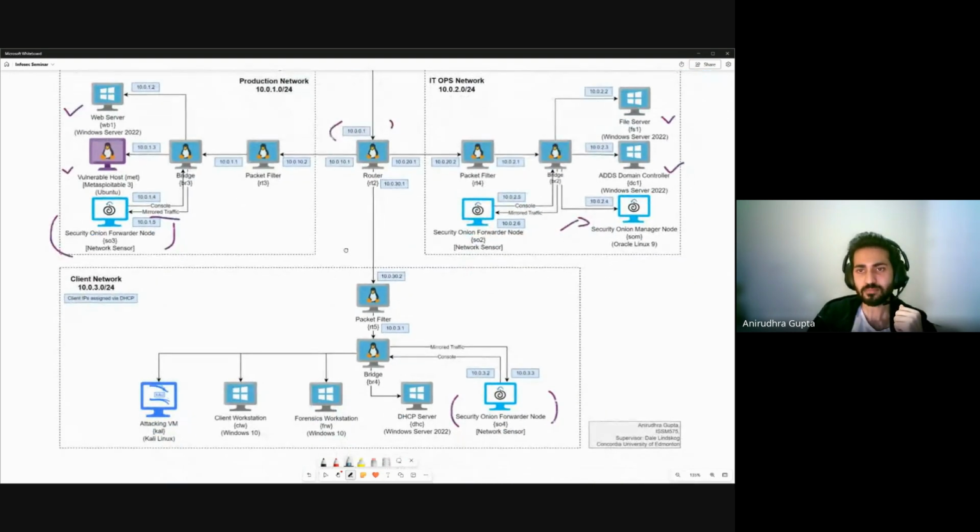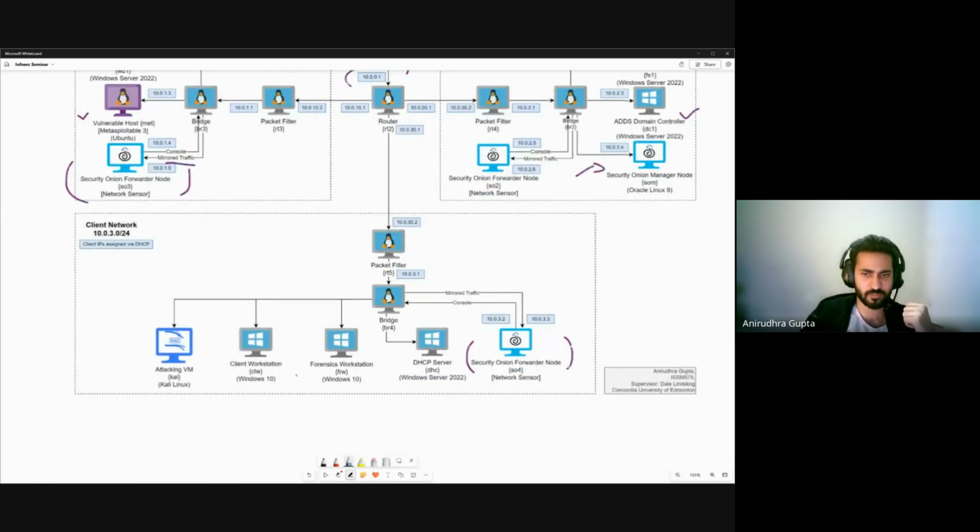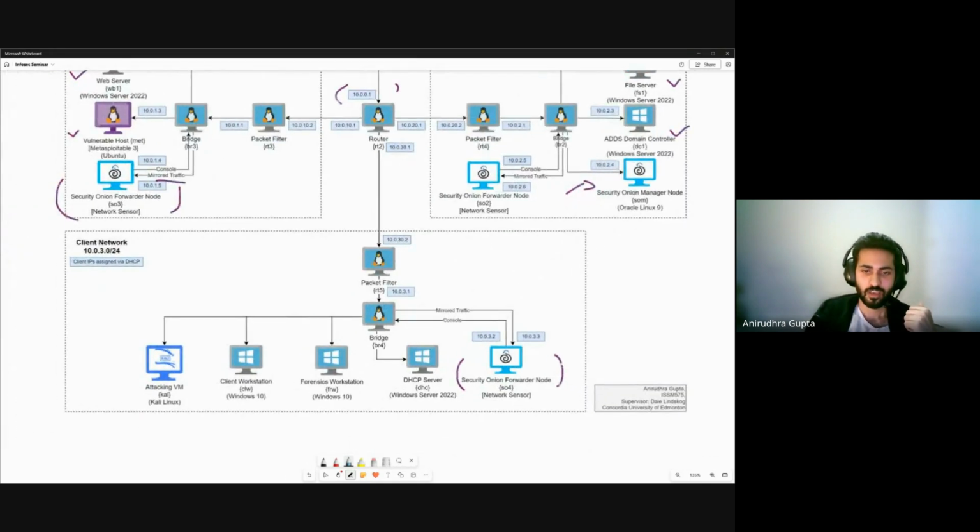Okay. Now, another network is the client network, where if someone needs a forensics workstation, probably our DFIR team, or a client workstation, in case we have a client who has to be joined to a domain and wants to do their own thing.